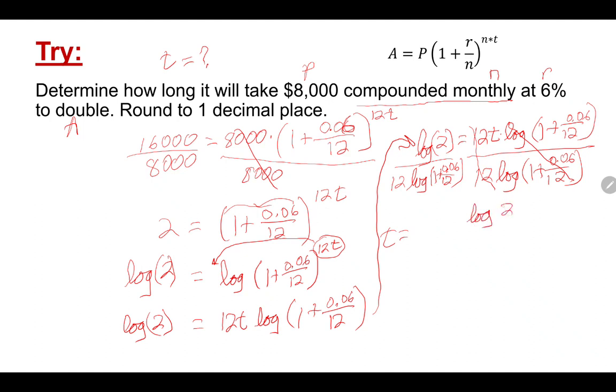So t is equal to log of 2 over 12 log 1 plus 0.06 over 12. And the great thing is the Alex calculator will make it look something like this when you plug it in, which I think is wonderful. My calculator does not make it look like that, but I can still do it.